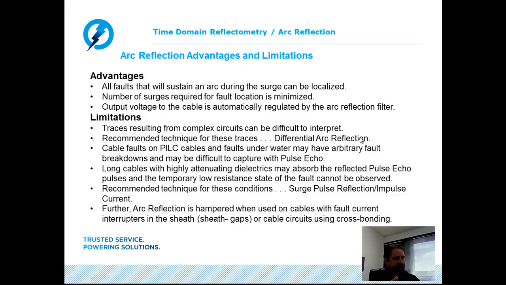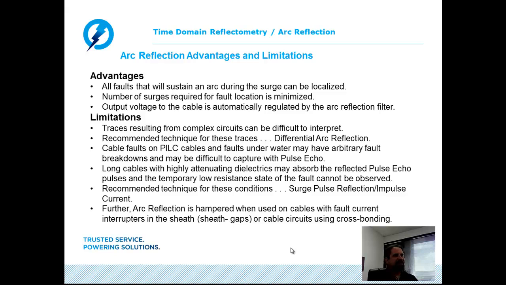Basically, we start with the reference waveform. What does the cable look like under just a standard low voltage pulse echo waveform? And then we capture that image and those data points to the time domain reflectometer. We then apply the high voltage surge to the cable. We create the arc or flashover, and we create a new waveform or a new TDR signature showing the reflection from the arc.